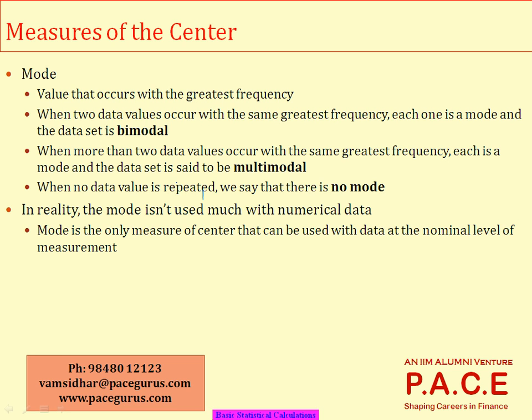The way we are defining it, the mode is the number which repeats the maximum number of times in a data set. So there could be two numbers repeating the maximum number of times, in which case we call it bimodal.